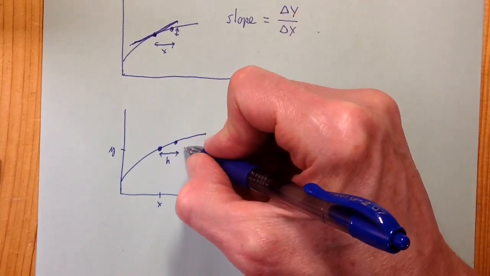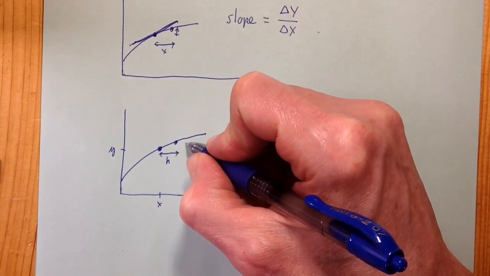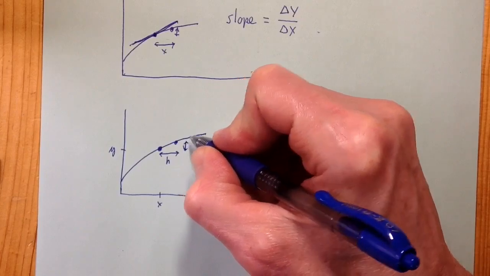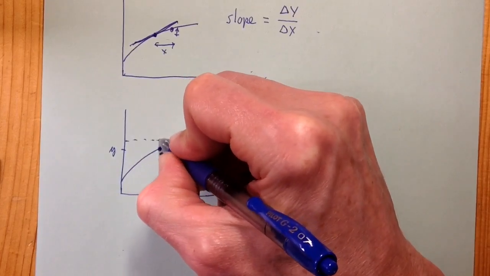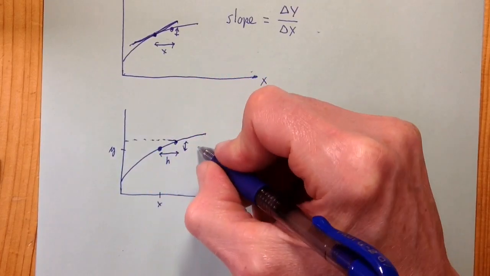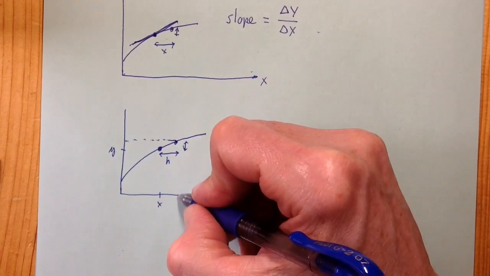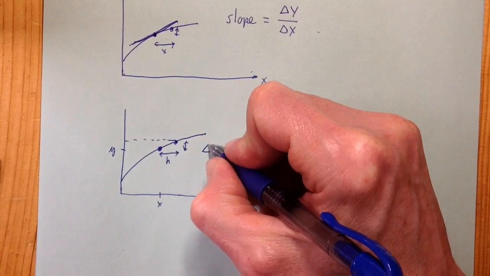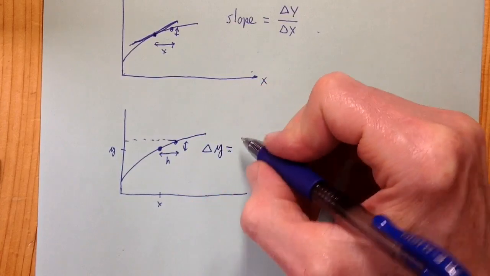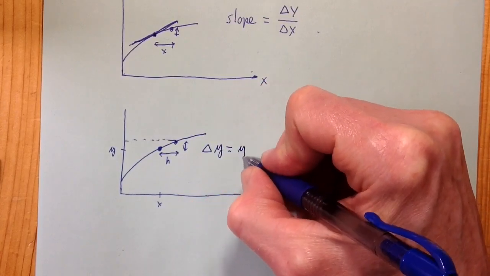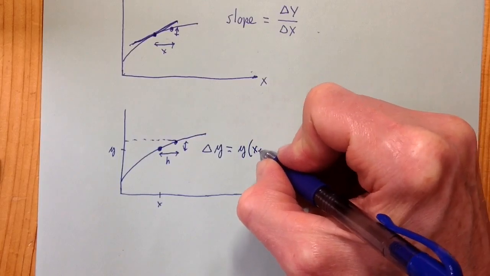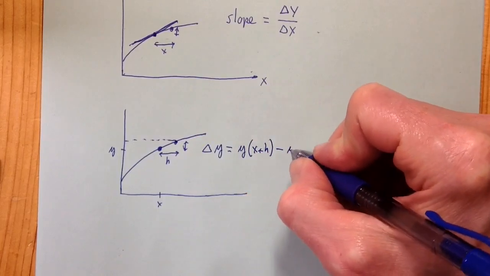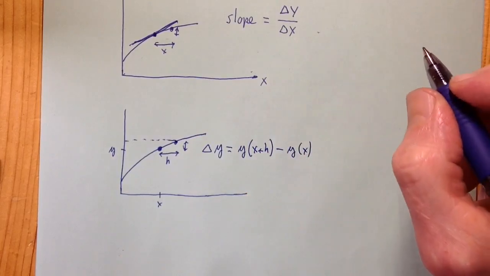H in the x direction, and then the change in the y direction is the new y, the y value at x plus h, minus the y value at x.